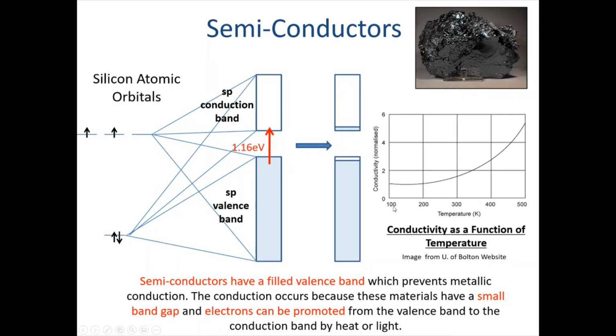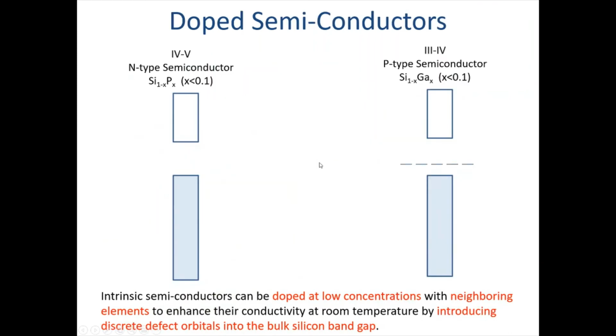So if you look at the conductivity as a function of temperature, at room temperature the conductivity is pretty low. 273 is right over here. But if you heat these things up to like 500 Kelvin, you start to get much more conductivity because you start to populate the conduction band with electrons.